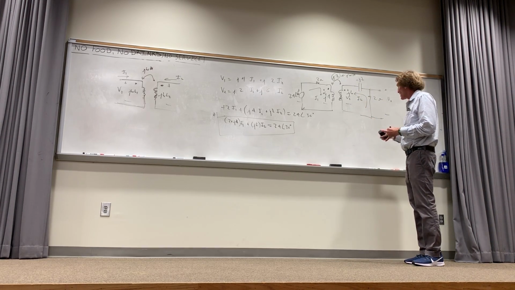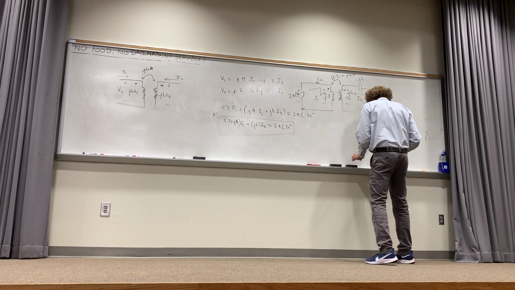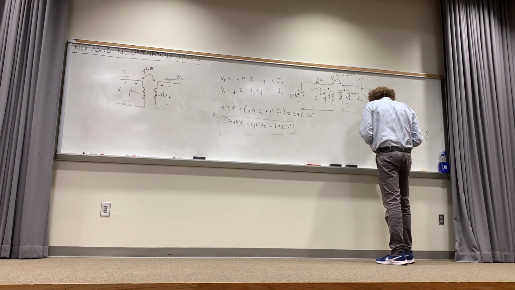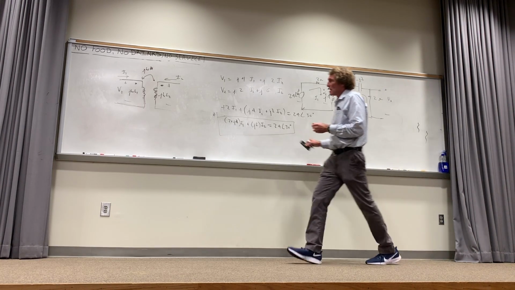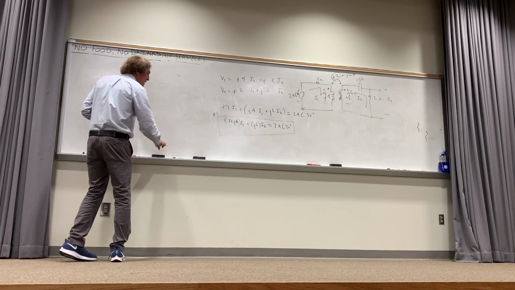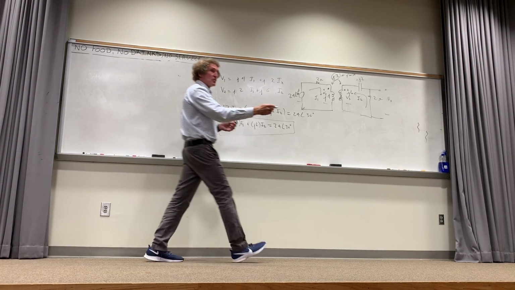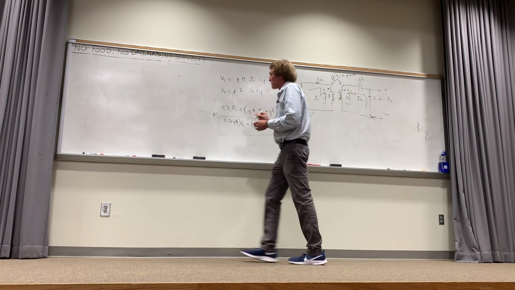Now, next what I'm going to do is write an equation around this closed loop. I'm going to erase this for now. So around this closed loop, this is my starting point, and I'm going this way.